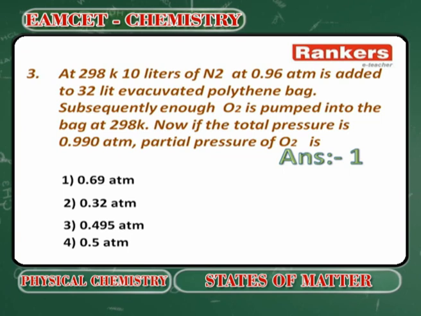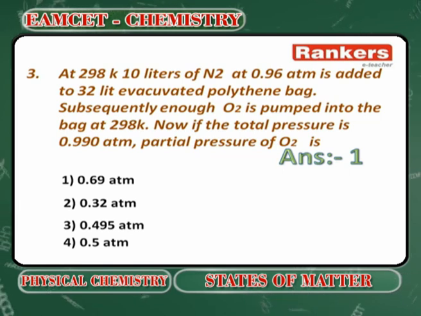Next, at 298 Kelvin, 10 liters of nitrogen at 0.96 atmospheres is added to a 32 liter evacuated polyethylene bag. Subsequently, enough oxygen is pumped into the bag at 298 Kelvin.